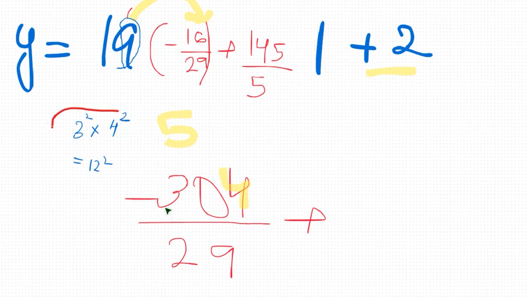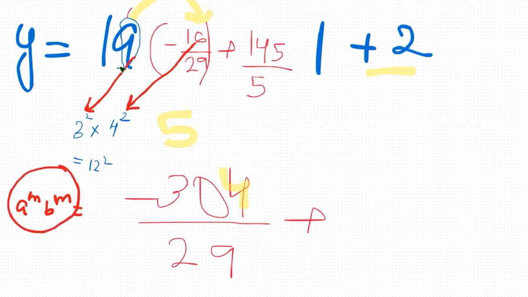Did you understand this method? How did we incorporate the exponents concept? So 9 means 3 squared, and 16 means the perfect square 4 squared. So a to the power m into b to the power m is equal to, what is the formula? (ab) whole to the power m.